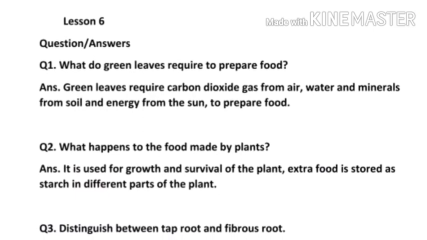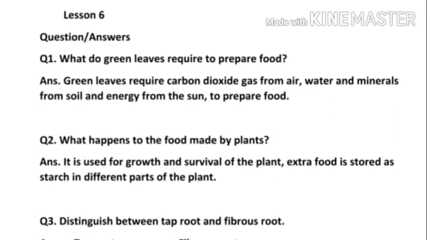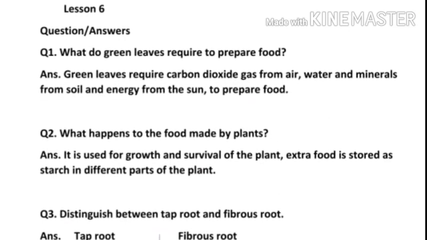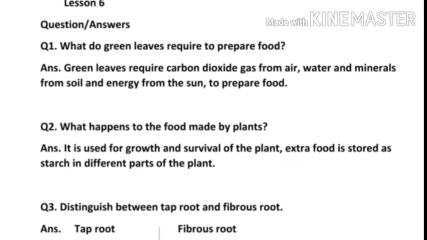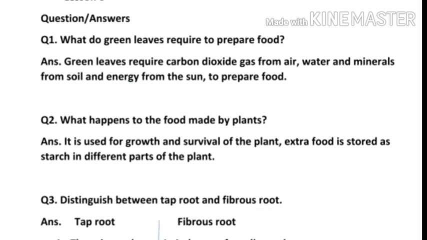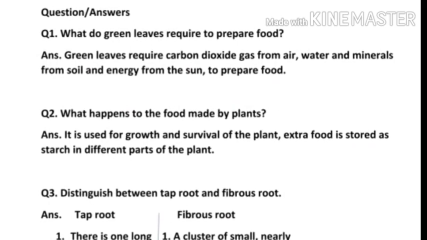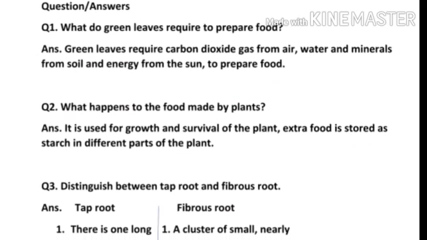Now see question answers. Question number 1 is, what do green leaves require to prepare food? The answer is, green leaves require carbon dioxide gas from air, water and minerals from soil, and energy from the sun to prepare food.